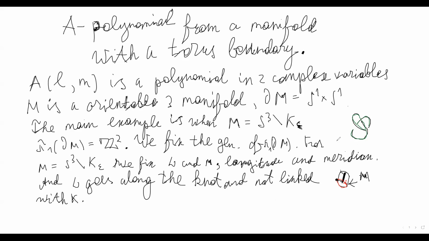So if the knot is oriented like this, the longitude could also be oriented. And about the meridian, we can also orient it. But in the arbitrary case, when we have just a toric boundary, what we really need will be the pair of two generators up to simultaneous change of their orientations.